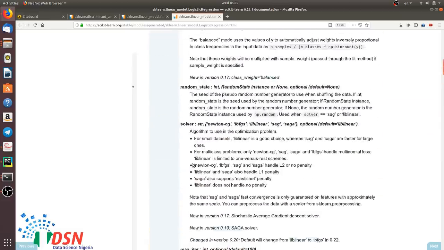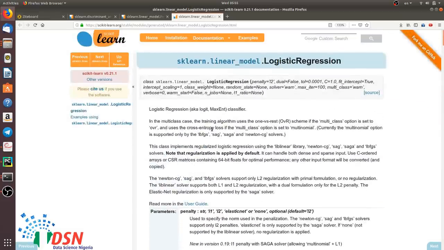And in logistic regression, you could also have regularization, okay? The penalty could be L1 or L2.